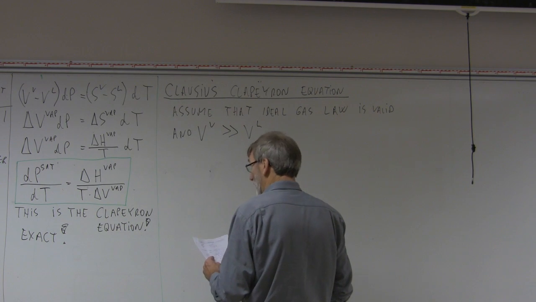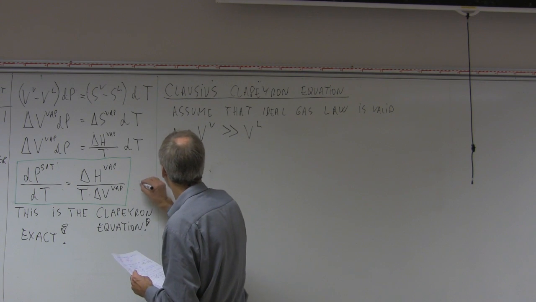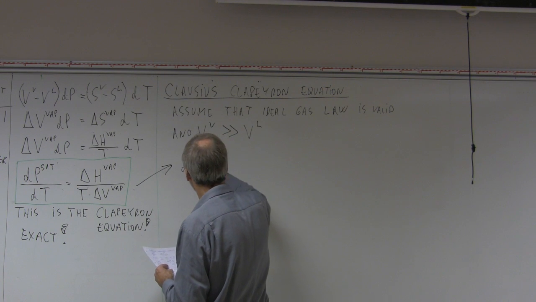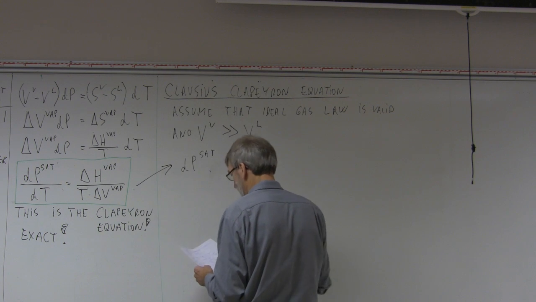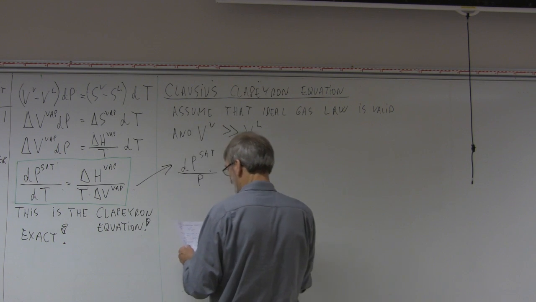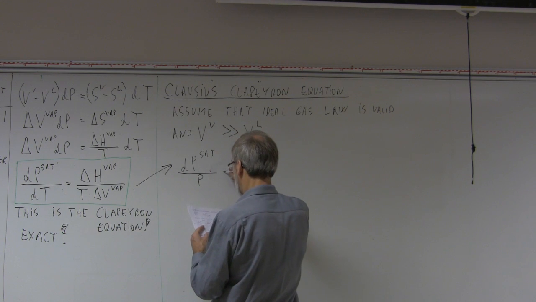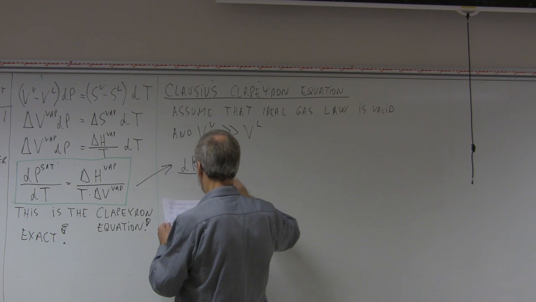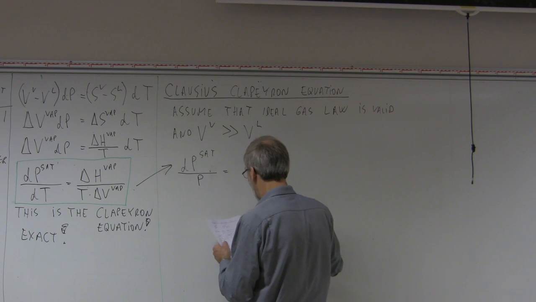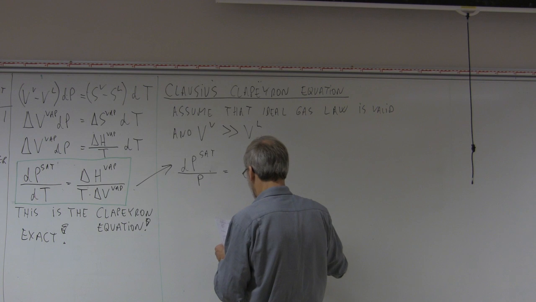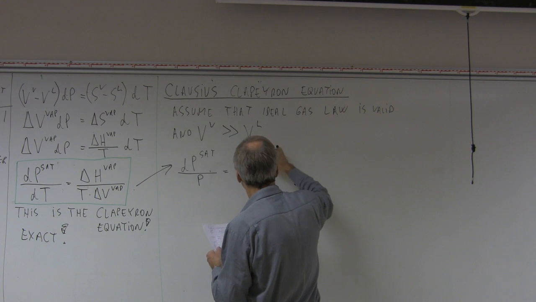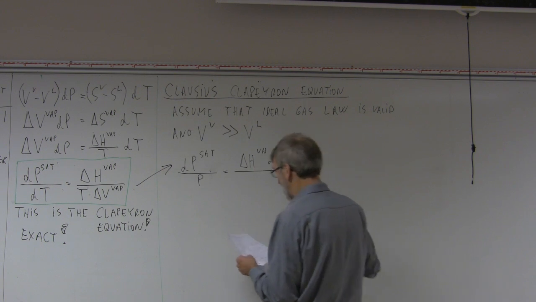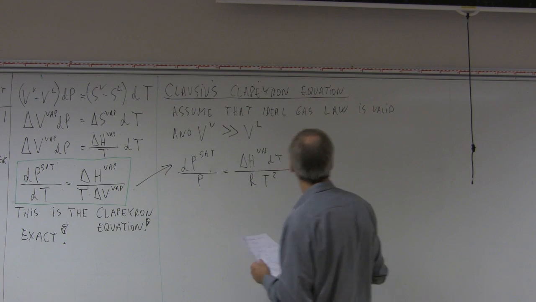Then if we use that one, we continue on that, and it equals delta H vap dT divided by R T squared.